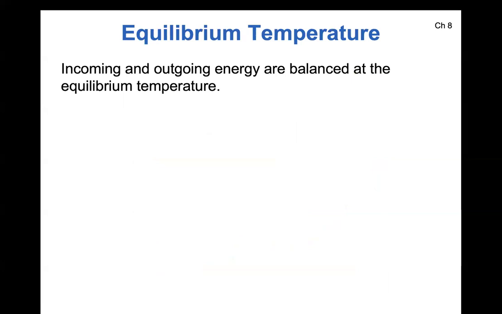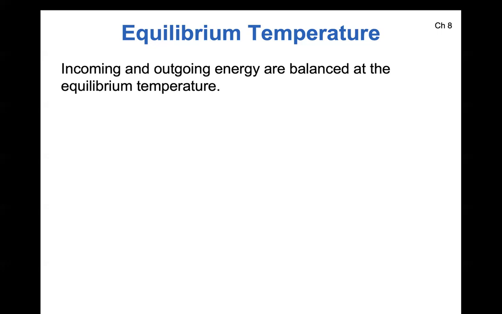Okay, so now back to the energy argument. There are a lot of slides here, but we'll go through them quickly because they're almost made like an animation. The incoming and outgoing energy are balanced at the equilibrium temperature. Any planet will reach a temperature that facilitates equilibrium.